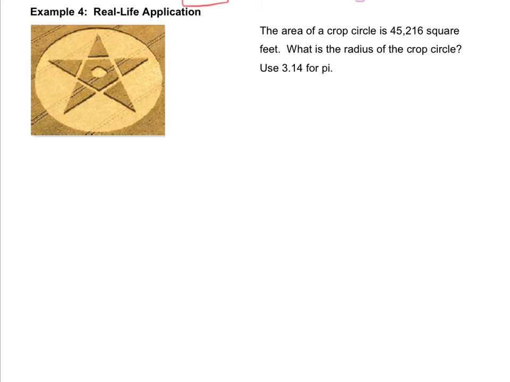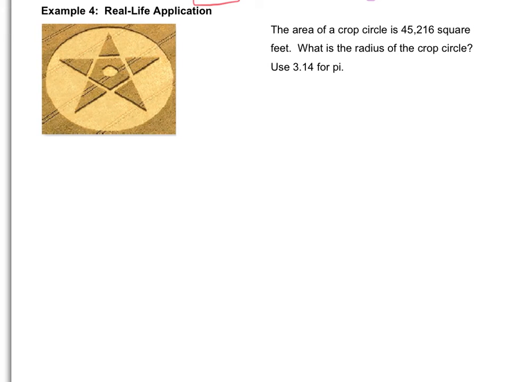So next we have a real-life application. We have the area of a crop circle. We know that the area is 45,216. We want to know what is the radius of the crop circle. Well, we know that a radius is halfway across, but we're looking at an area.